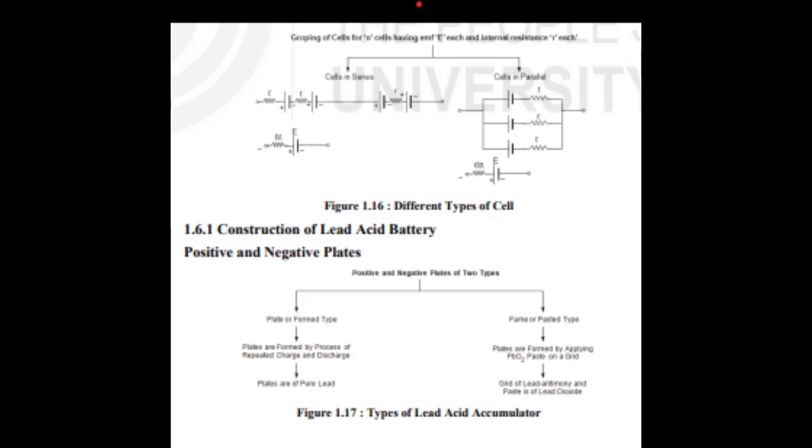Thus, KCL also implies that the sum of incoming currents equals the sum of outgoing currents.